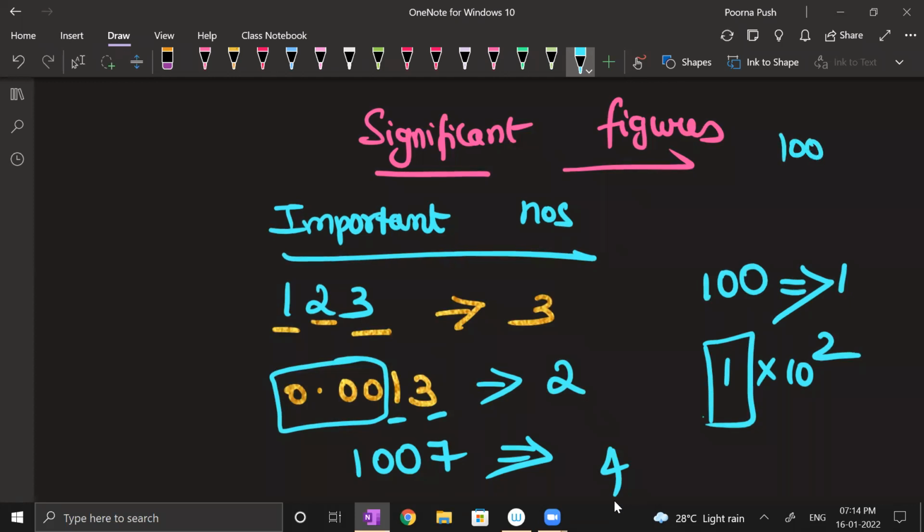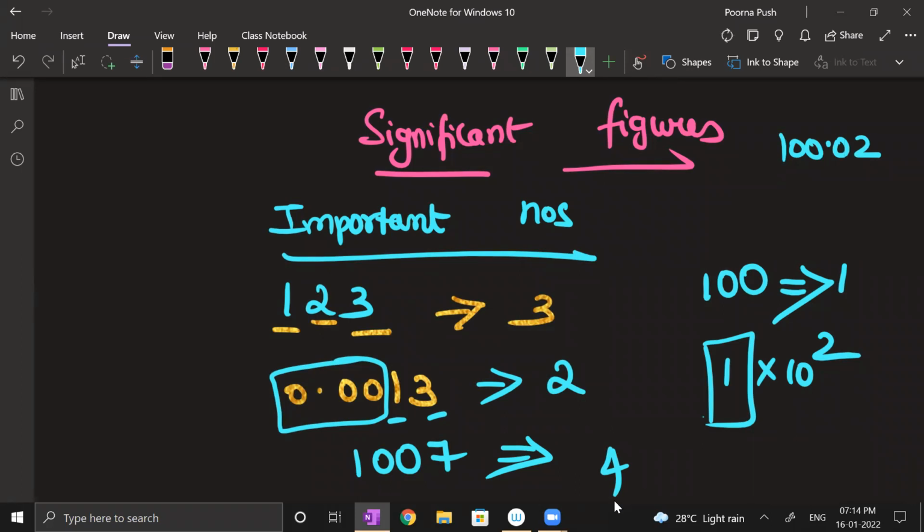Suppose I have 100.02, then what will you get? 5. Yes, because after the decimal again you have numbers. So those zeros are also counted.